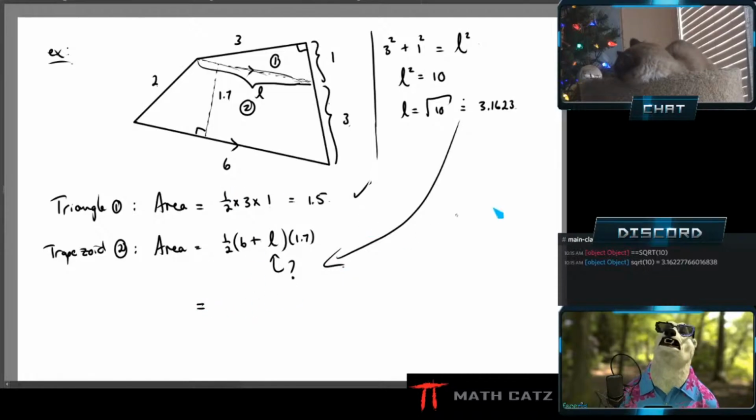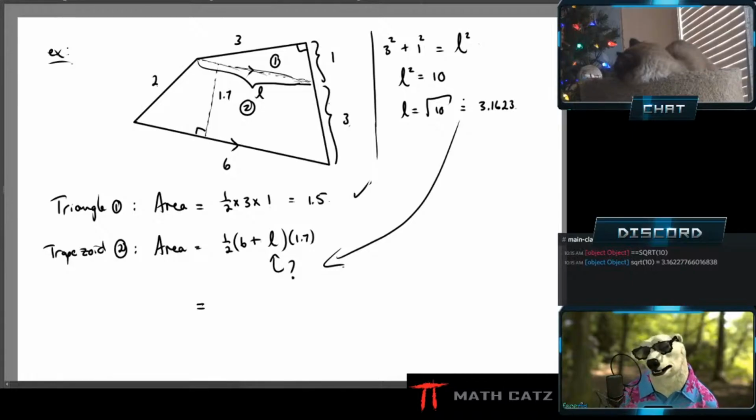So when we calculate the area of the trapezoid, I'll use that value of L. Let's do it. So a half times 6 plus 3.1622766016838. Ooh, that was lovely.